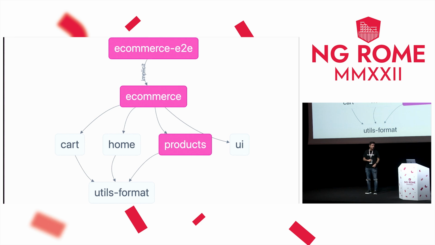And NX understands that the product library has changed, and the e-commerce and e-commerce end-to-end application could be affected by these changes. So we can see the impact with an image, the effect of our changes. So the people in our team are confident about what is affected by the new feature or the bug fix.